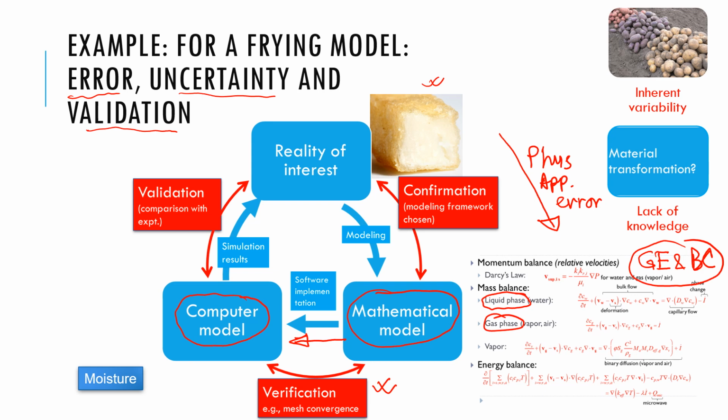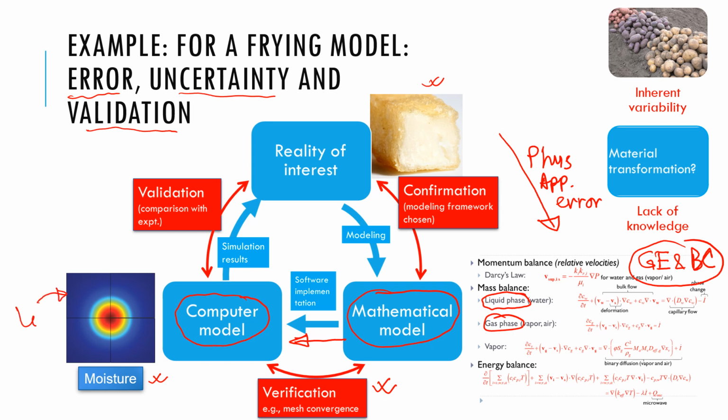Running this numerical model produces simulations. Like in this case, we see the moisture profile that shows low moisture on the surface and high inside, as one can expect. So this is now the simulation of the model.